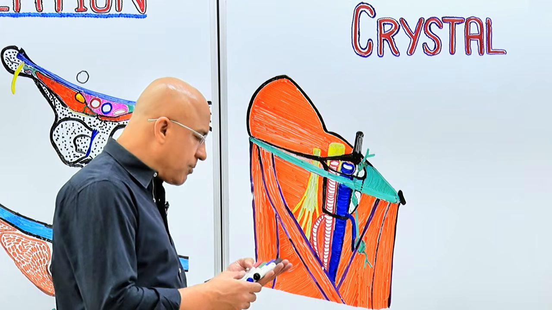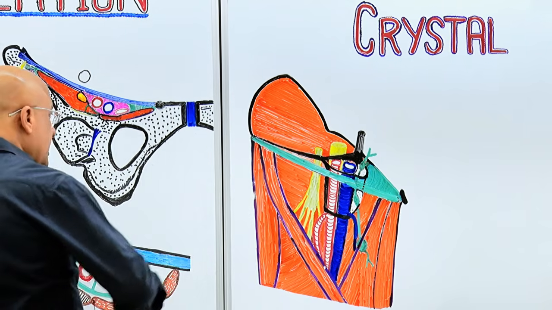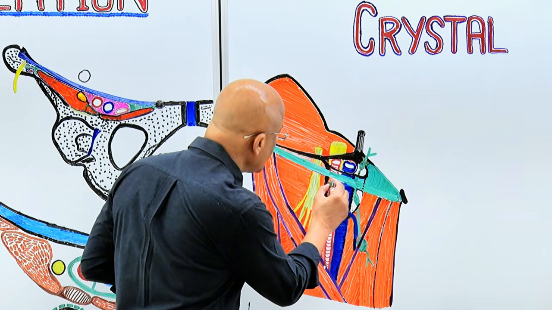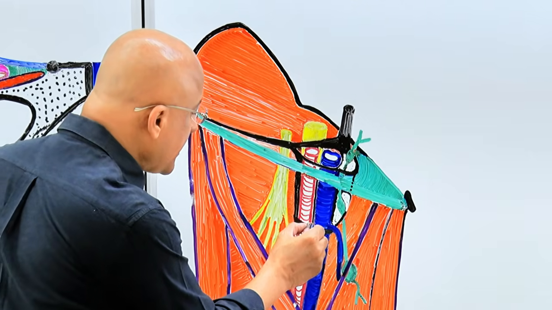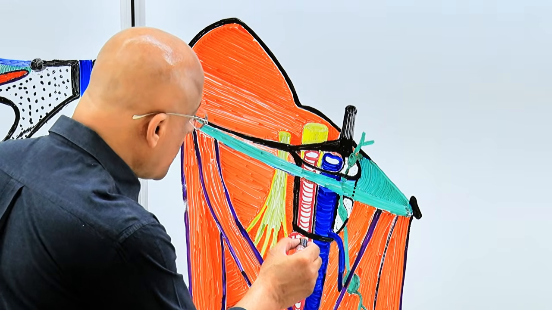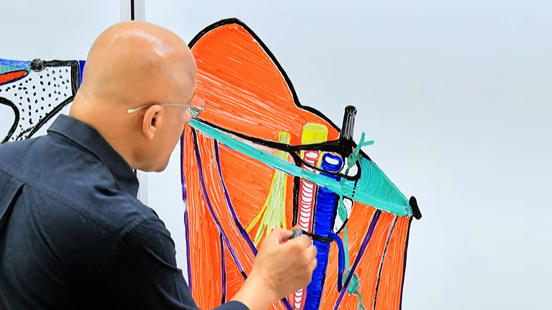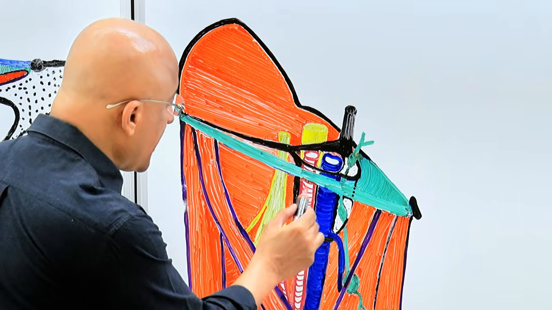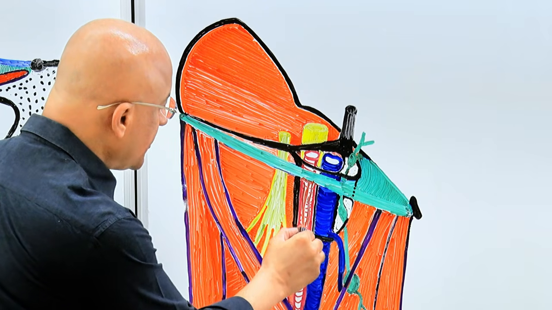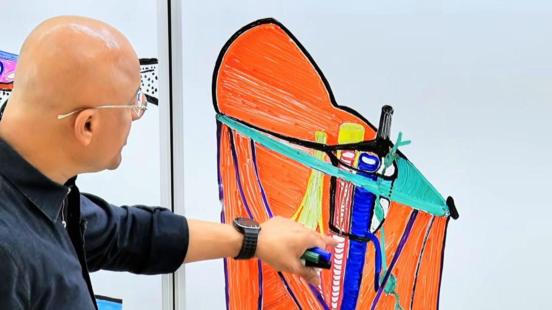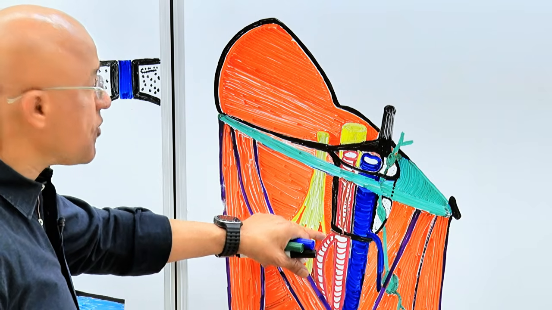Now, the part of the femoral artery which is considered the golden part extends from just below the inguinal ligament to just above the profunda femoris, from here up to here, where the artery in its lower part divides into its superficial part and deep part, and the deep branch is called profunda femoris.